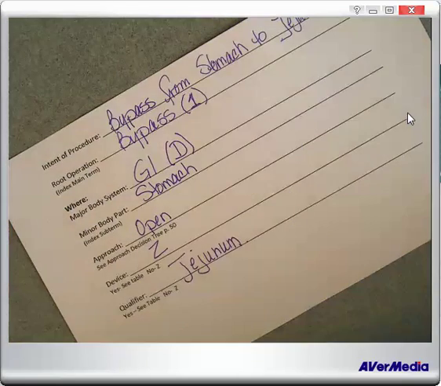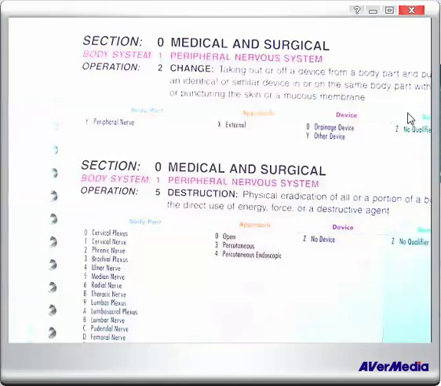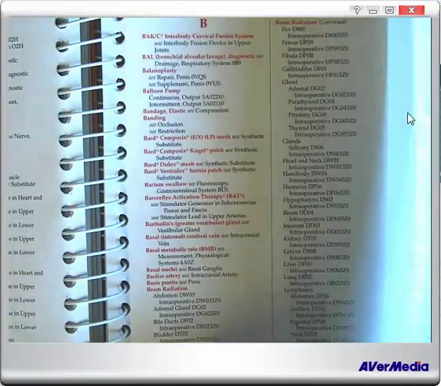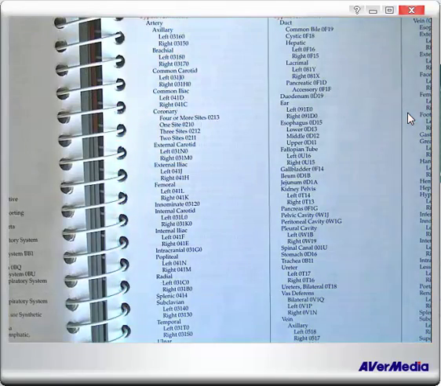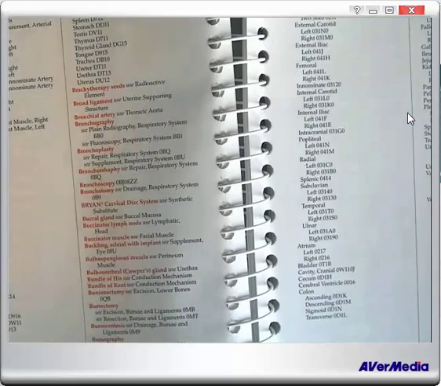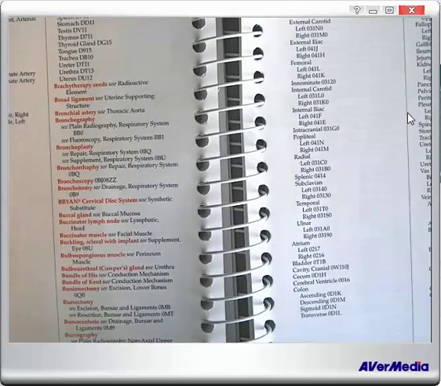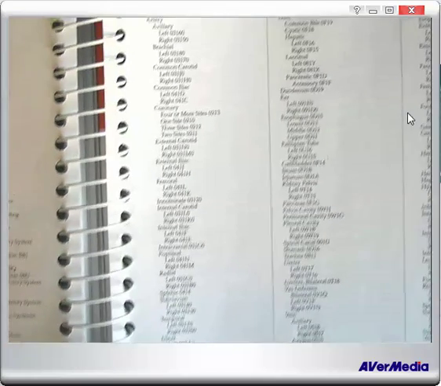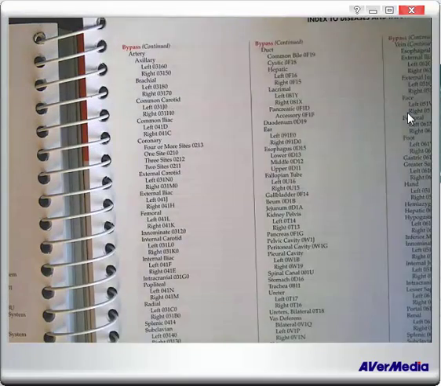So let's get out our book. If I can find where I put it in my pile here. Okay, and let's go ahead and go right to bypass. Okay, so we've got bypass. Okay, and let's see what we've got for possibilities here.